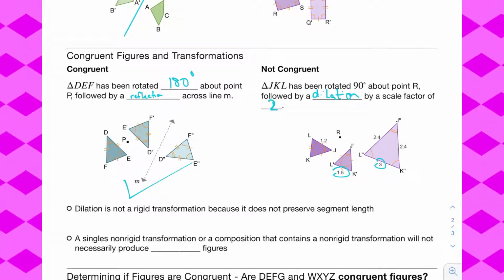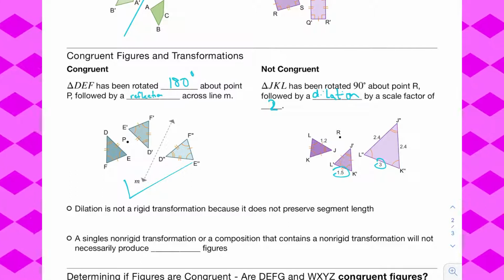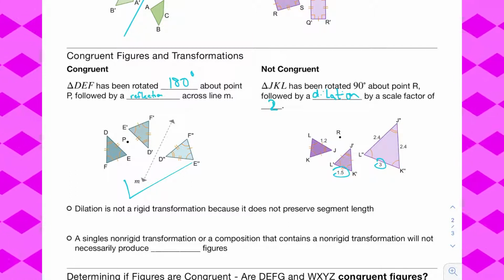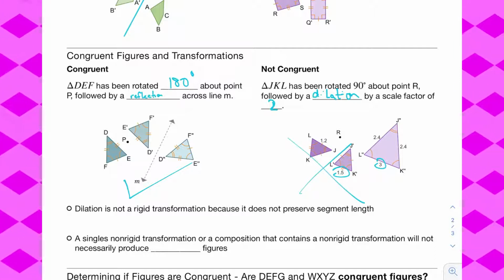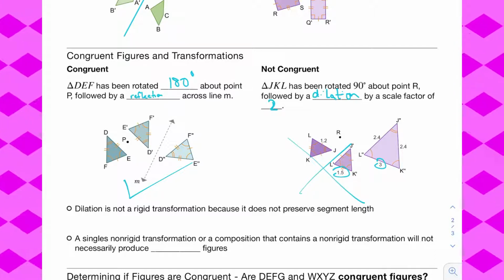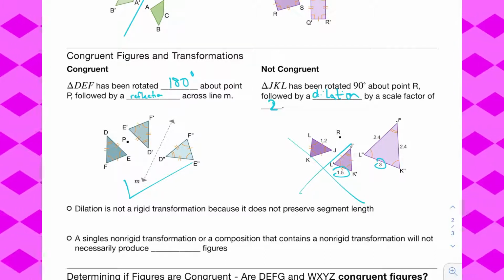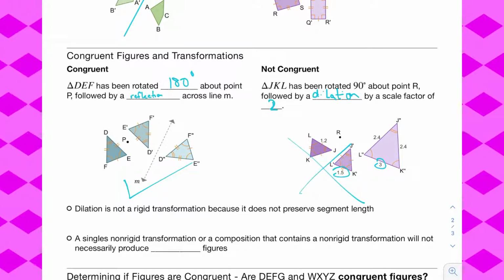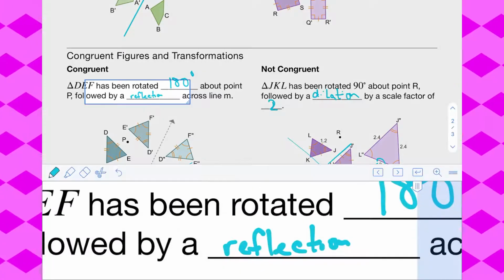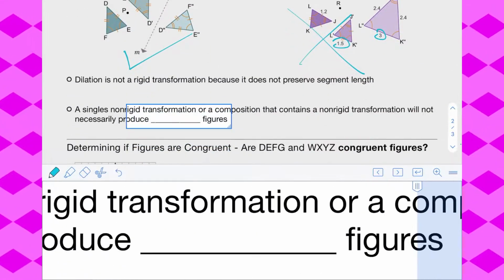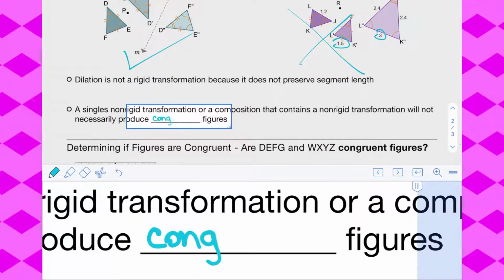So dilation is not a rigid transformation because it does not preserve segment length. Everything got bigger after that dilation. A single non-rigid transformation, or a composition that contains a single non-rigid transformation, will not necessarily produce congruent figures. So all three of those triangles are not congruent to each other.